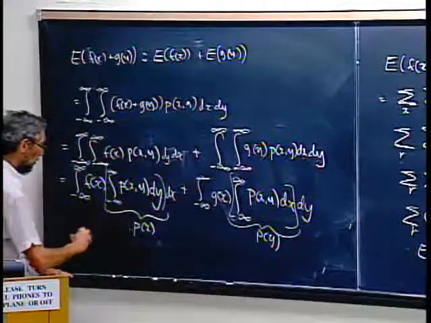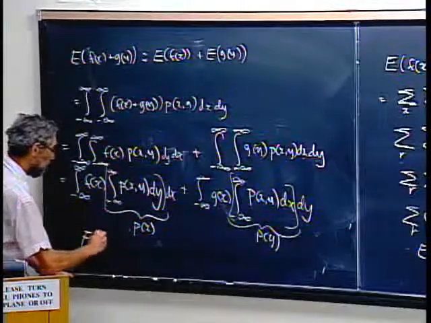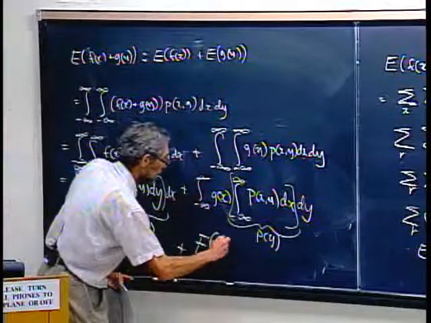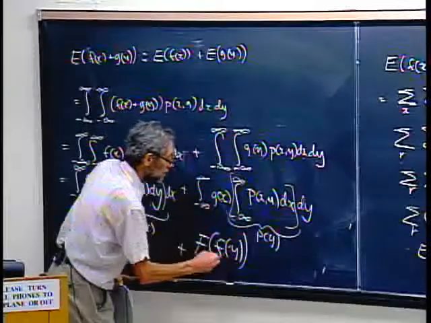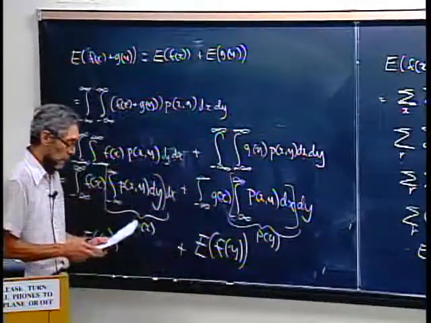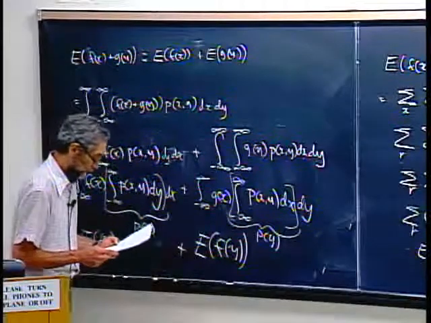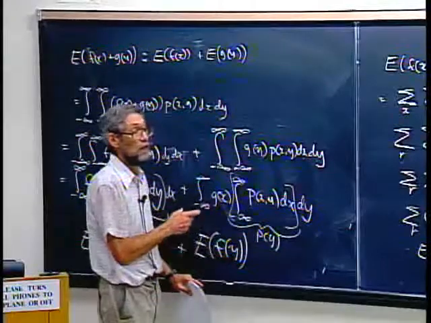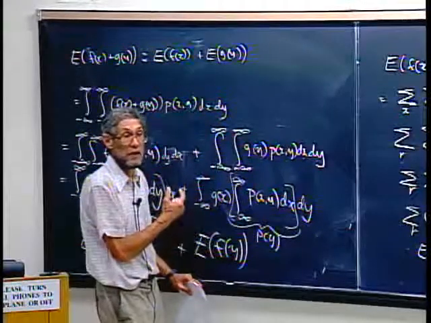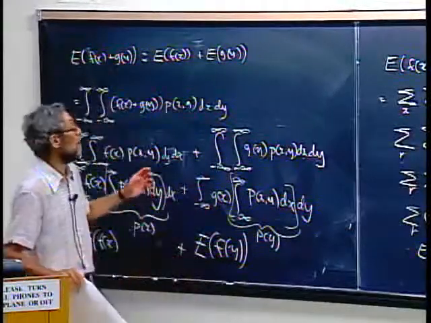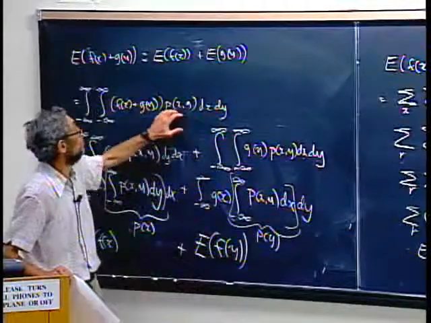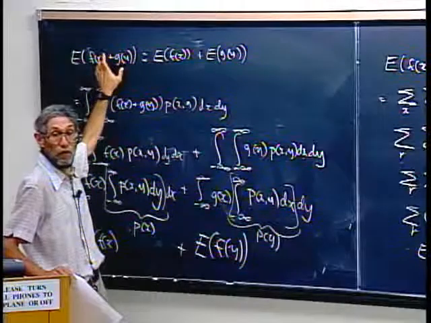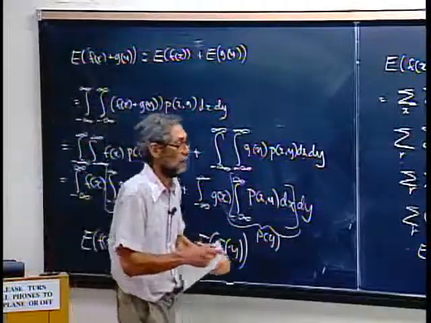And so this integral then becomes the expectation of f of x, and this integral becomes the expectation of g of y. So I really didn't use the fact they were independent. And we could have this double sum instead of this double integral, even for the discrete case. And I could prove similarly with these marginal distributions that even if these are different random variables, this rule still holds, whether they're independent or not.